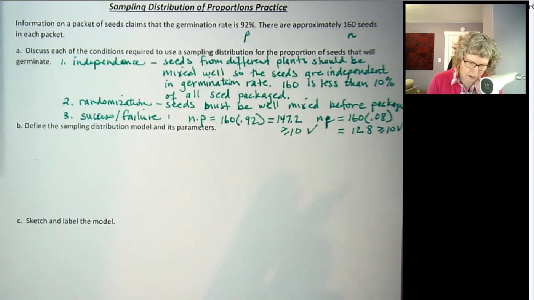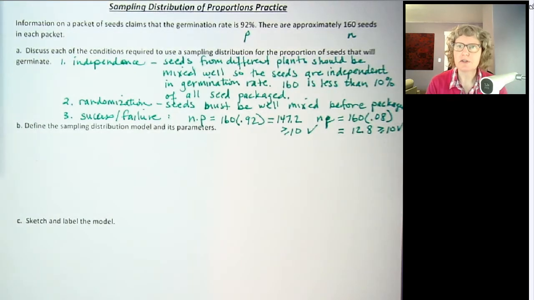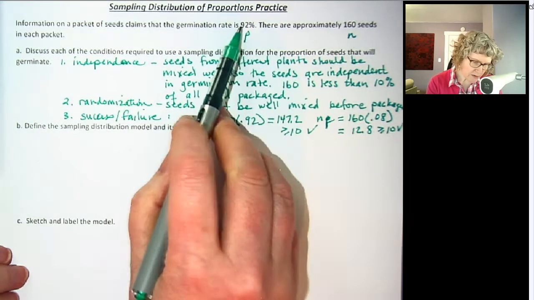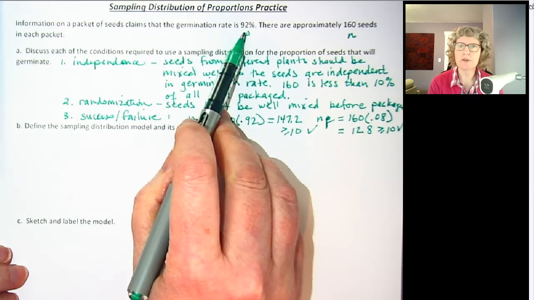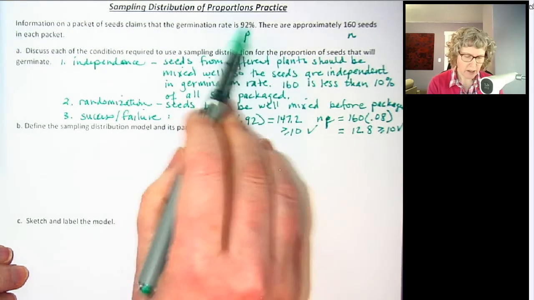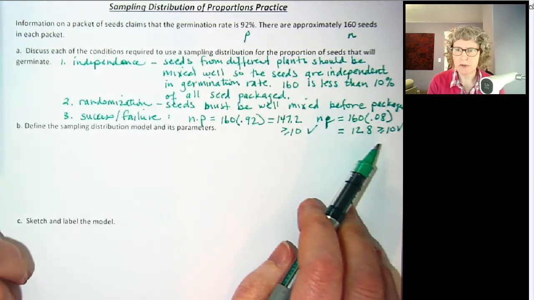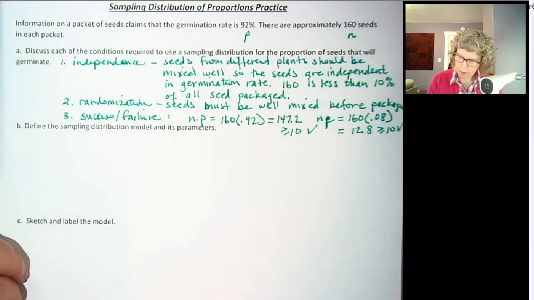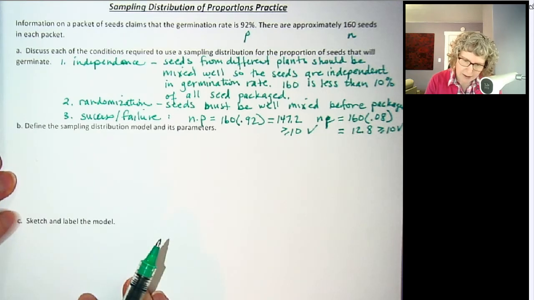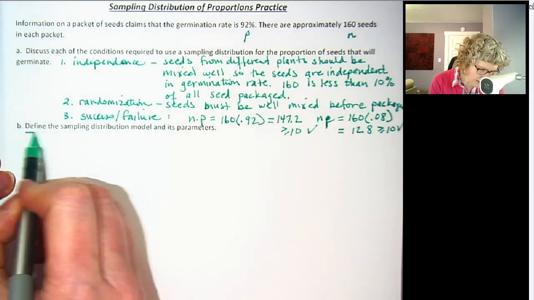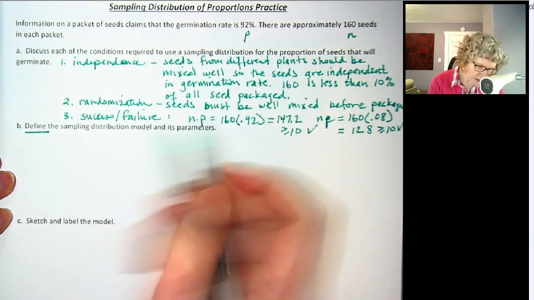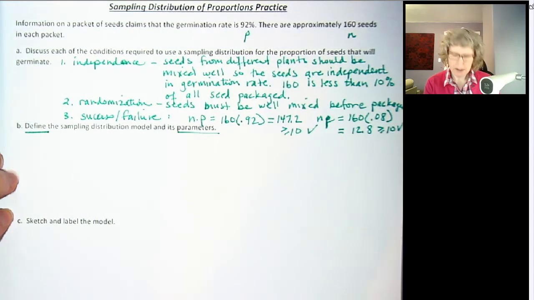Just barely on the success failure condition. So 160, not that huge of a sample size, because remember, this is really high. This is closer to 100%, so this is going to be skewed unless we have a large enough sample size. But this looks like we're pretty good. 12.8. We made it.